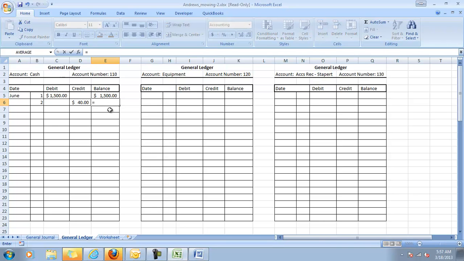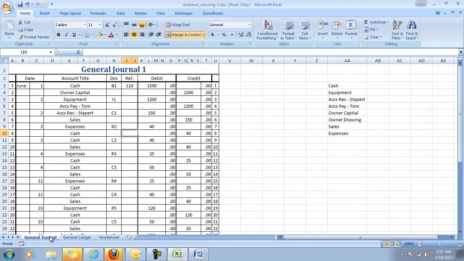Now I can actually have Excel calculate it for me, so I'm going to do equals my previous balance, and just so that I can copy this formula down, I'm going to say plus any debits minus any credits, because now I can copy that formula down and it'll keep my running tab going. So anyway, I did that one. I would mark that I've done it.